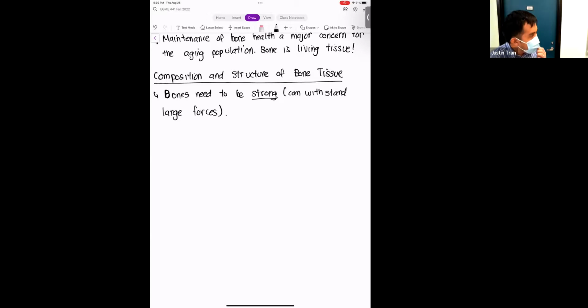But another important characteristic of bones, because of their role in motion, is that they also have to be lightweight as well. Okay? The reason for that is to make it easier to move the body.